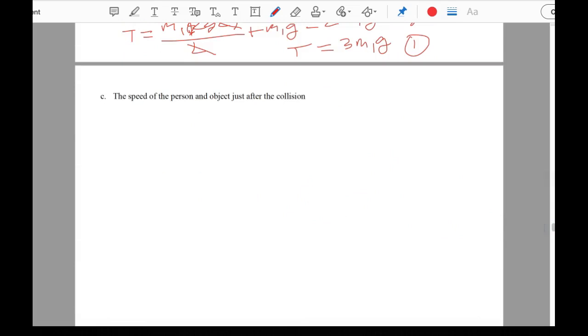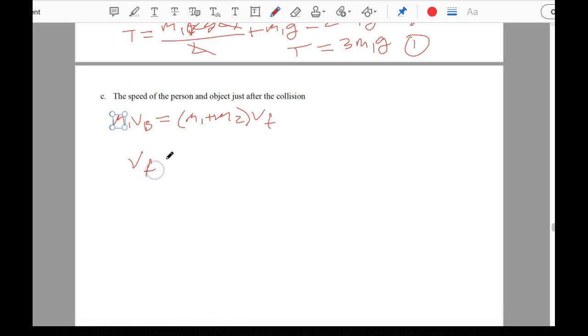Next thing they want us to do is find the speed of the person just after the collision. So we know that this is an inelastic collision. We've got m1 times the velocity of this person is equal to m1 plus m2, multiplied by the final velocity.